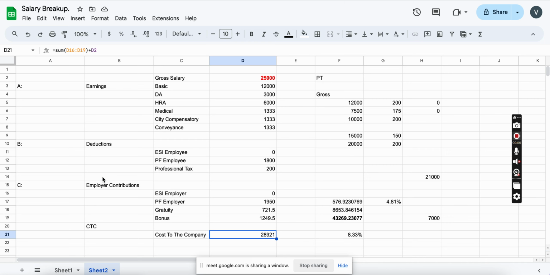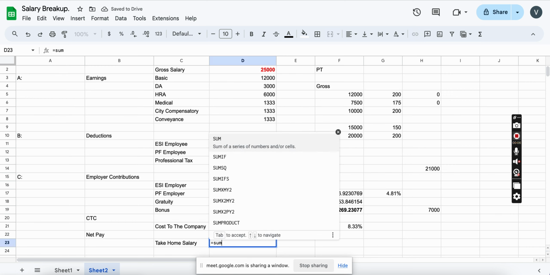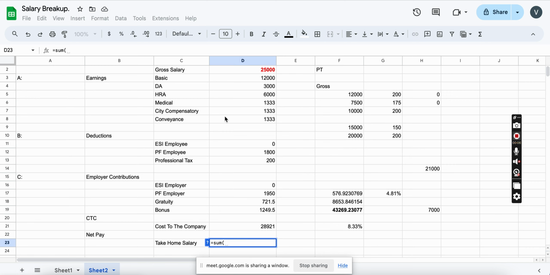Now something is left out called net pay or take home salary. What will the employee get in hand? This is equal to gross minus the sum of all the deductions.